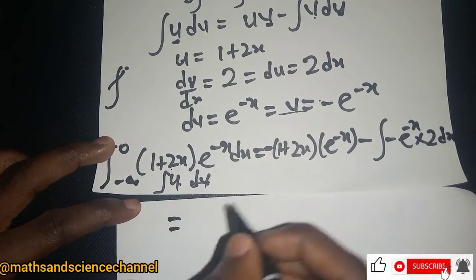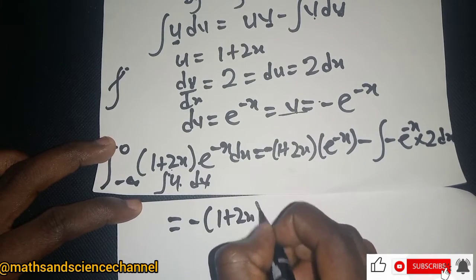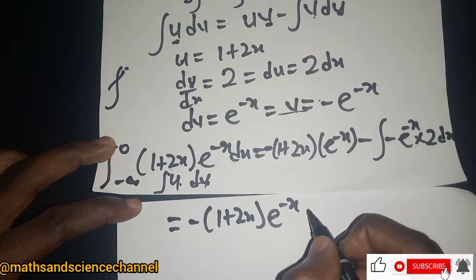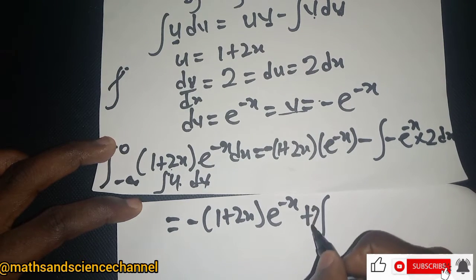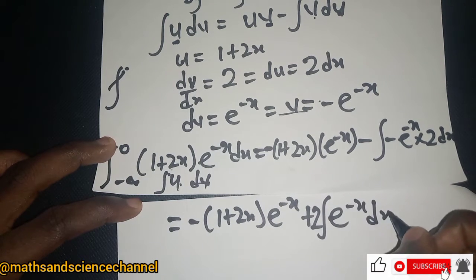All right, so let's continue. From there we have negative (1 plus 2x) e to the negative x. Now negative times negative will give us positive, and we can also bring the constant 2 out, with respect to x.